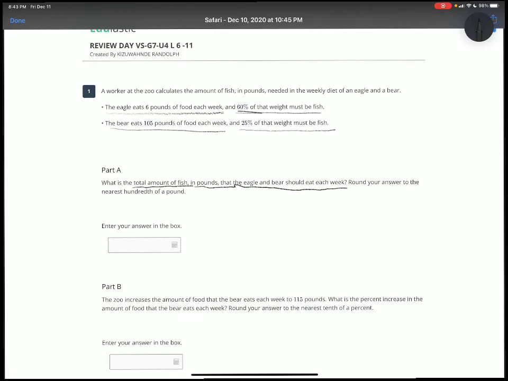Okay, so what I'm going to do is, you guys know, neat notes make the best notes. Write one side for the eagle, one side for the bear. I'll be using the proportion tables for both. Remember, it's part over whole equals percent over 100.